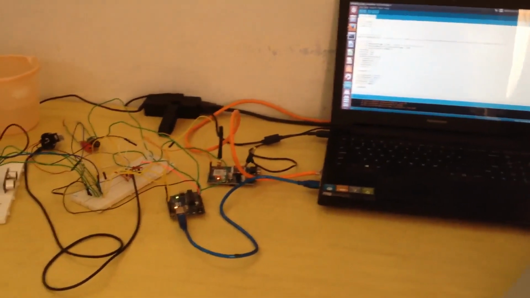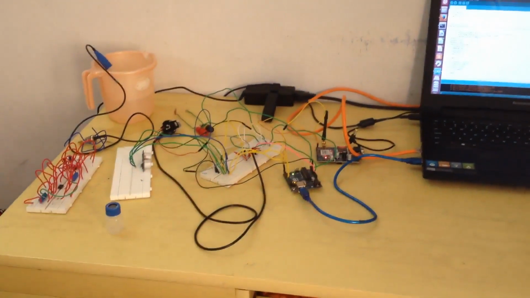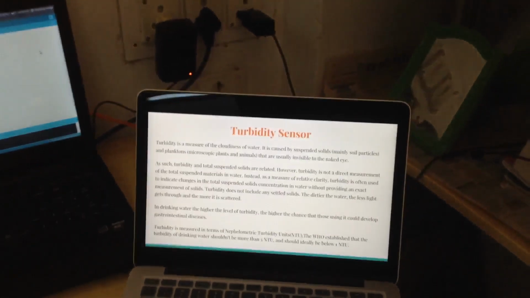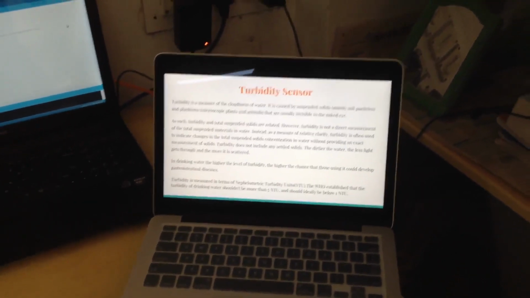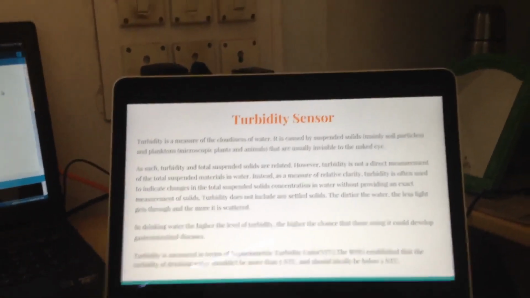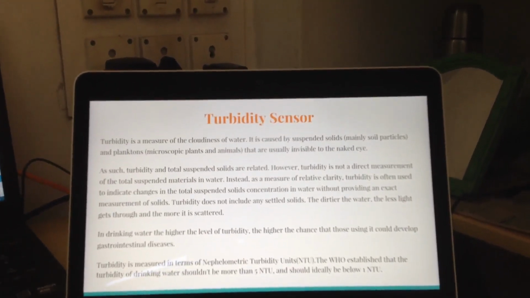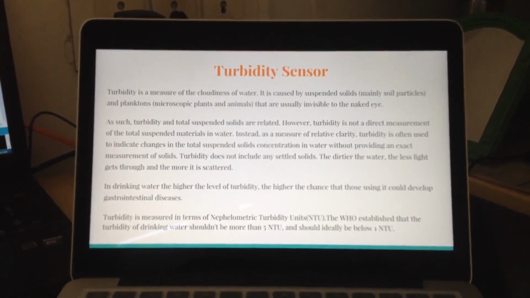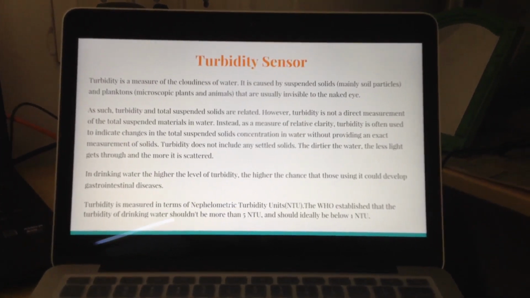Let us go through the working and the principle of working of each of these sensors so as to get an idea of how the project has been actually implemented. Turbidity is essentially the cloudiness which is present in water. So if the water is muddy, if there are a lot of suspended particles in it, then it would be important for us to detect it and tell people not to drink it.